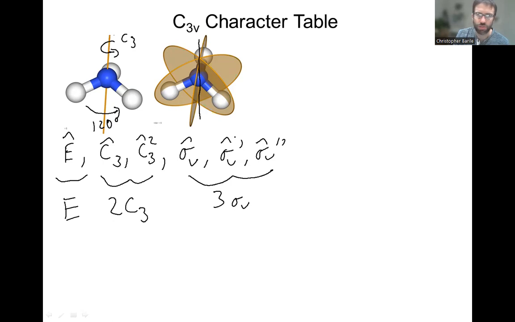If you have inversion in your molecule, identity and inversion operations always form a solo class by themselves. So at this point, we have our 6 operations grouped into 3 different classes.